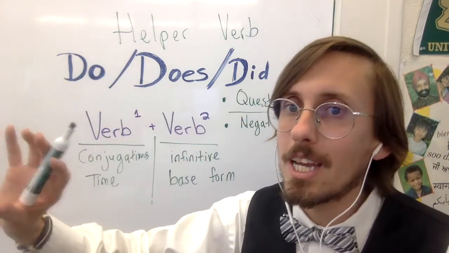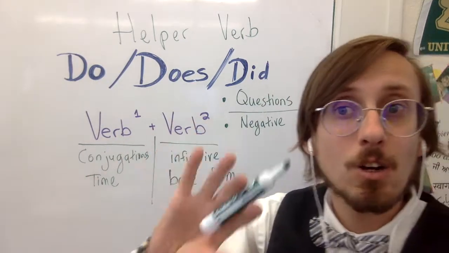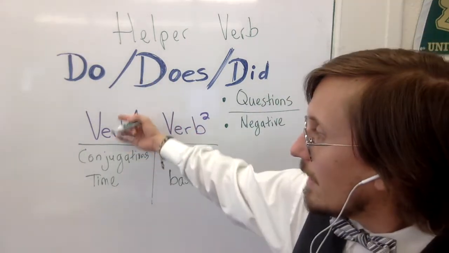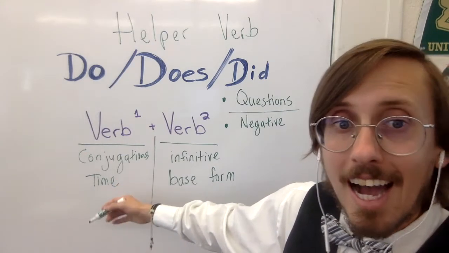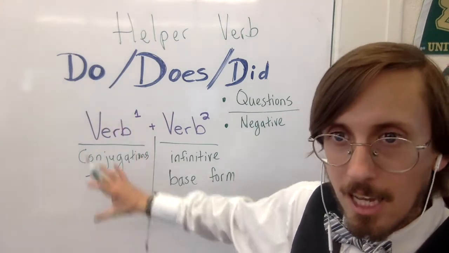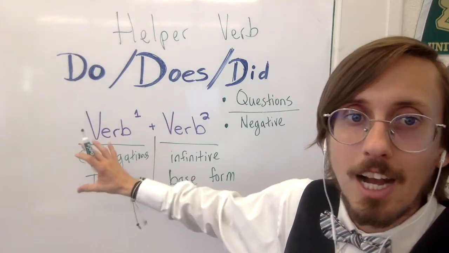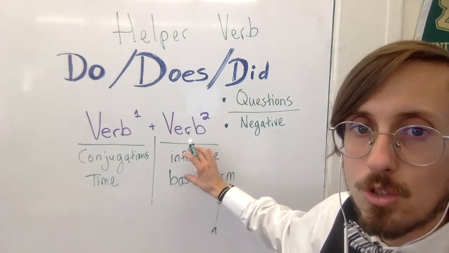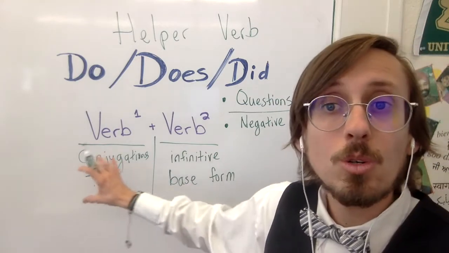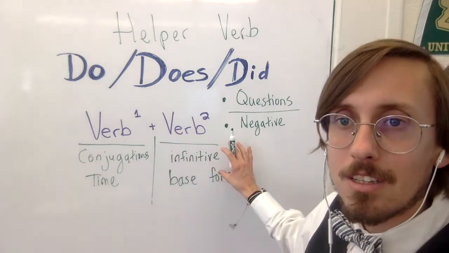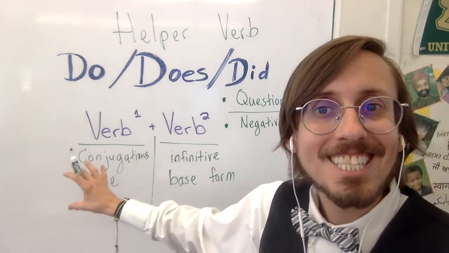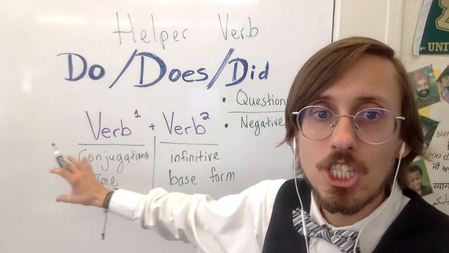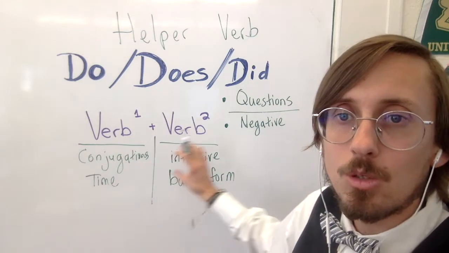Necesitamos comer. Necesitan comer. In English as well, if I have a verb here, like I need, I would show any changes here. I need to eat, infinitive form, to eat. You need to eat. Third person, she needs. There's the conjugation. She needs to eat.